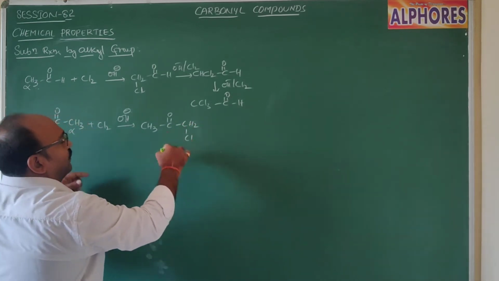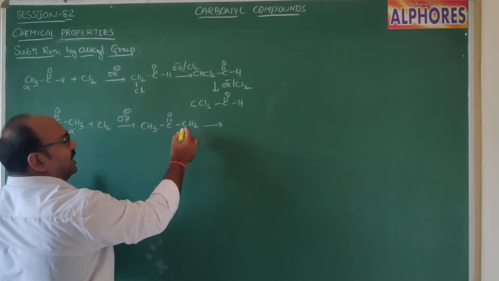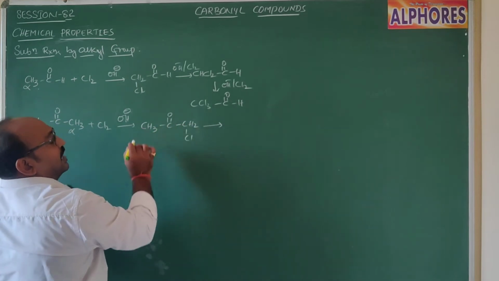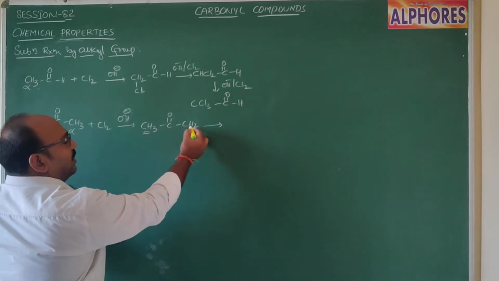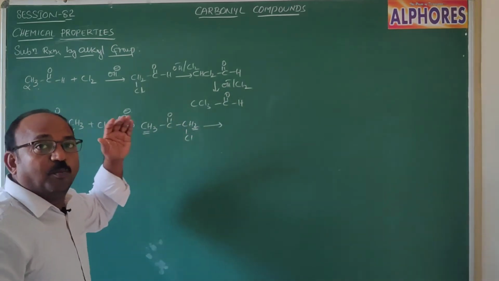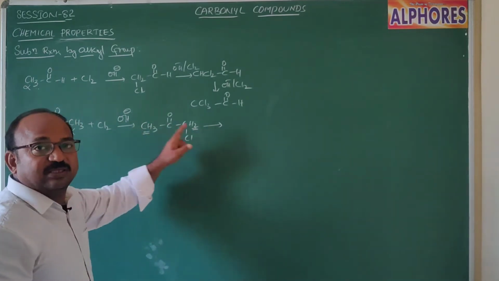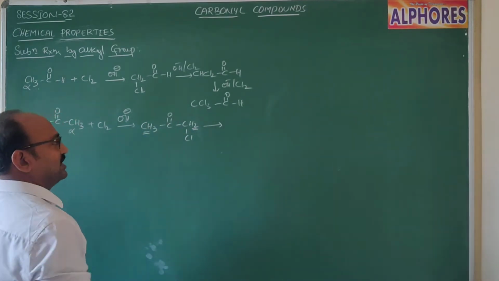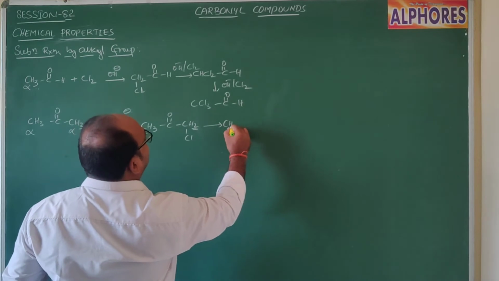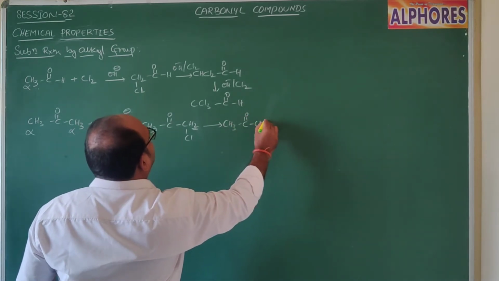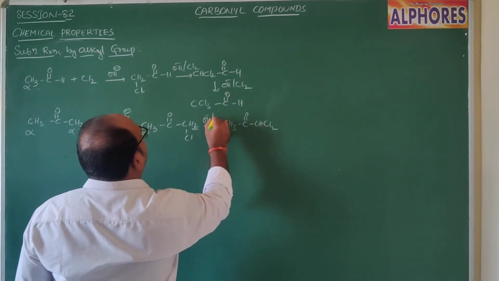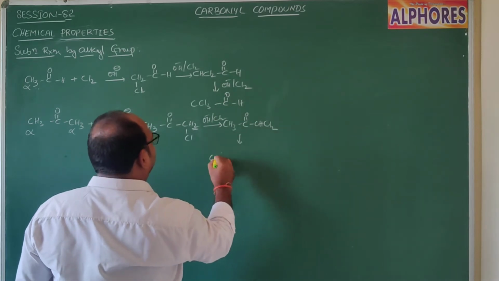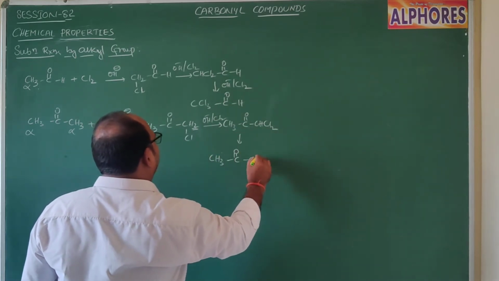Further substitution takes place at this carbon only, not at this carbon, because the hydrogens on this carbon are more acidic compared to those on the other. That's why here we are getting CH3 C double bond O CHCl2. Then further halogen substitution gives CH3 C double bond O CCl3.